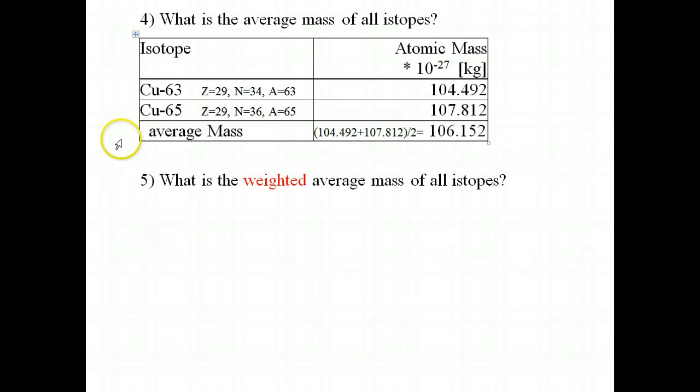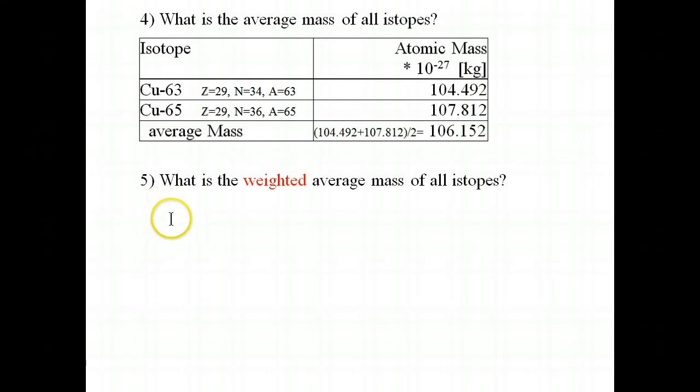This result would be perfect if the isotopes would be 50% Cu-63 and 50% Cu-65. Then the average mass of a sample of 100 atoms of copper would be 106.152 multiplied by 10 to the power of minus 27 kilogram.